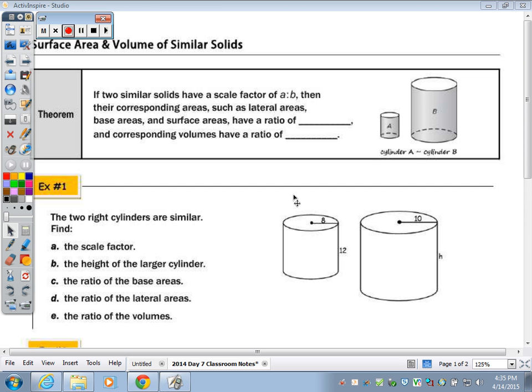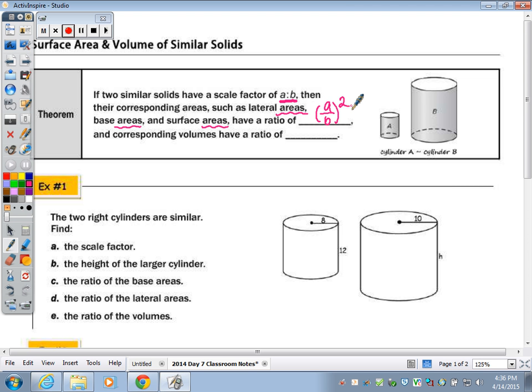So if we look at the theorem at the top of the page to fill in the blanks, it states that if two similar solids have a scale factor of A to B, then their corresponding areas, such as lateral areas, base areas, surface areas, again, keyword is areas, they have a ratio of A to B squared.